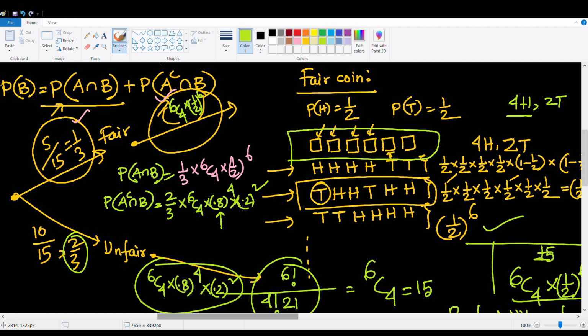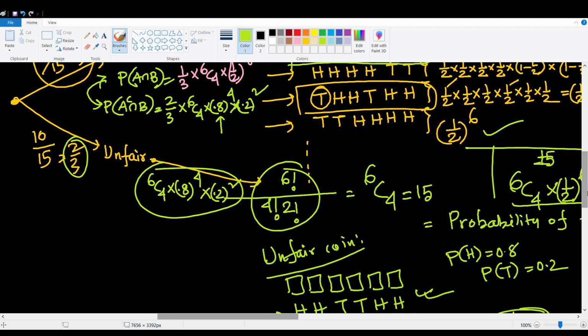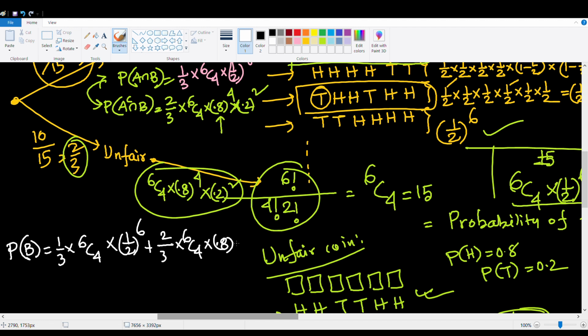It's very simple. So now for P of B, we have to add these two probabilities. All right, so finally we'll have P of B equals 1/3 times 6C4 times half to the power 6 plus 2/3 times 6C4 times 0.8 to the 4 and 0.2 to the 2. So this is the probability of B.